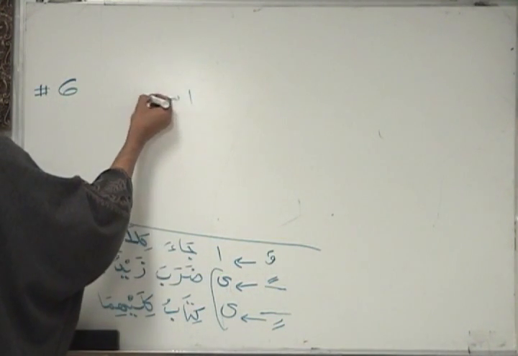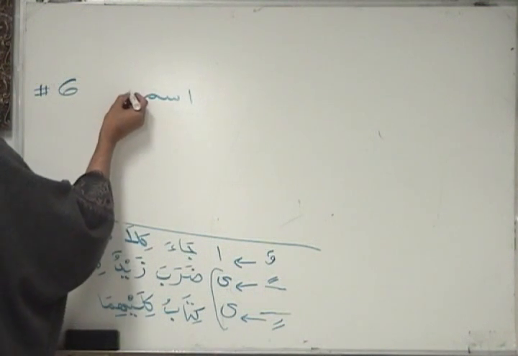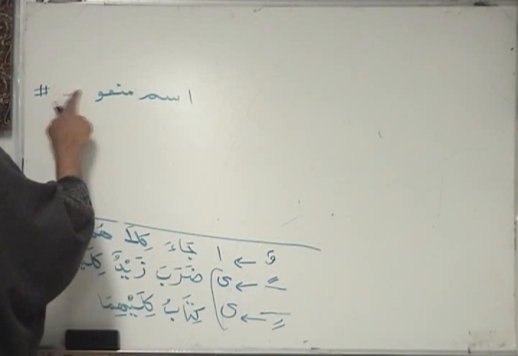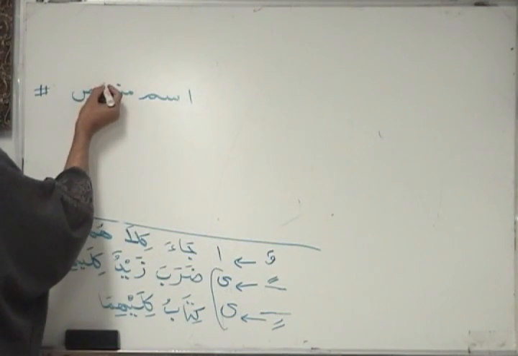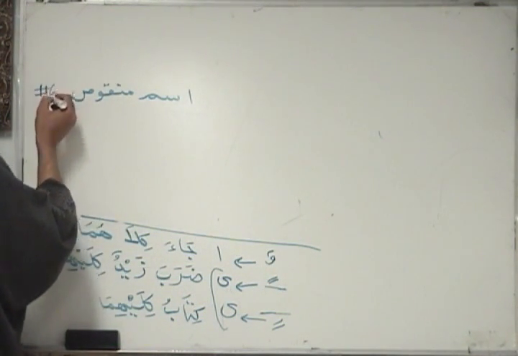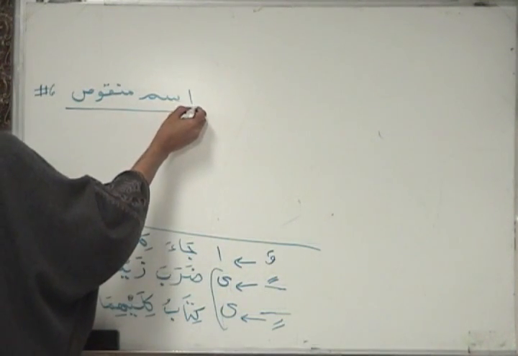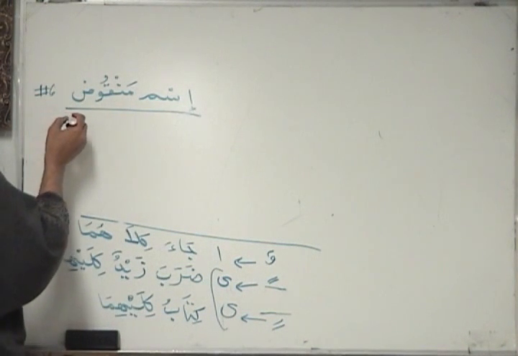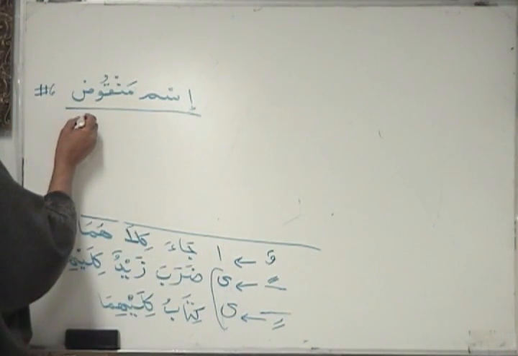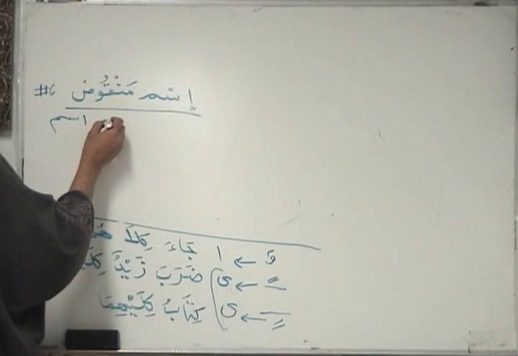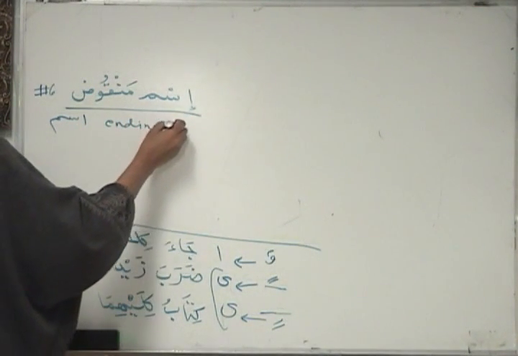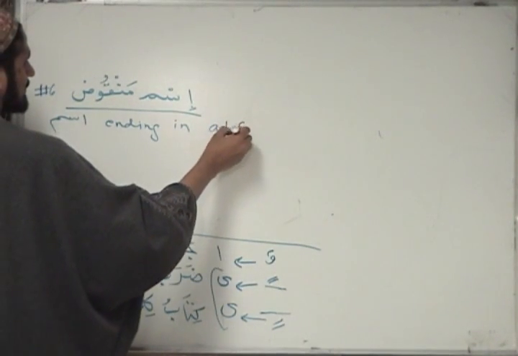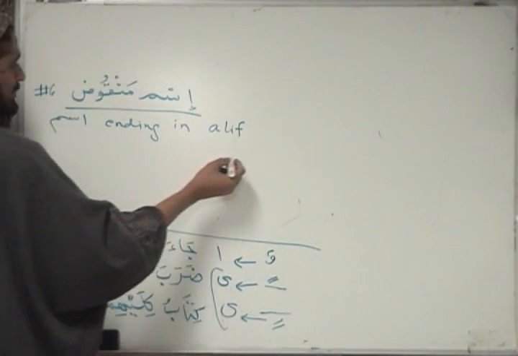It's called ism manqus. Ism manqus is an ism that ends in alif. Usually written like a ya.